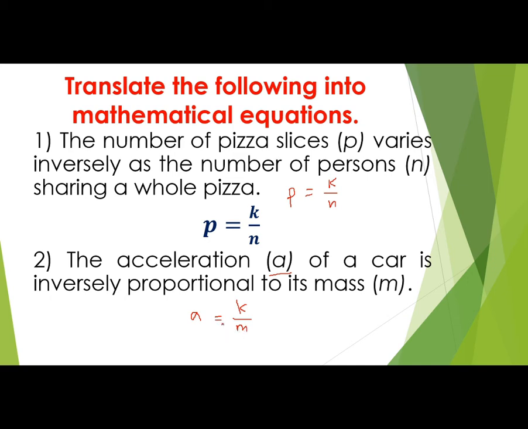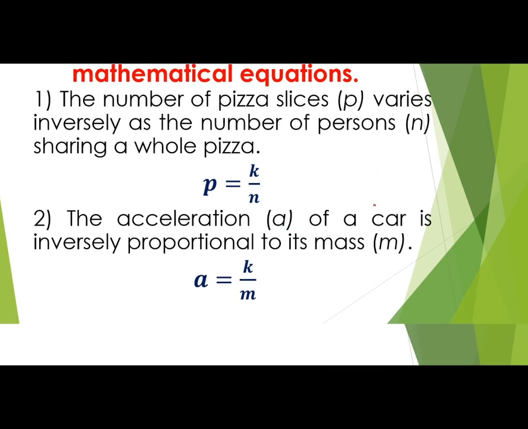Siyempre, mas mabigat, maapektuhan yung acceleration niya. So, mabagal. Mas magaan, mas mabilis. That's why this varies inversely relationship. So, A equals K over M.